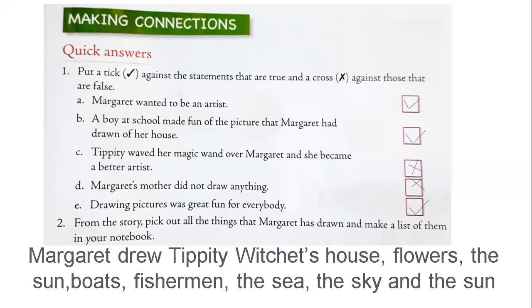And then towards the end of the lesson, when she was with Uncle Dot, she drew again. And this time she drew boats, fishermen, the sea, the sky, and the sun again. But the sun at a different location. That's why I've repeated it.